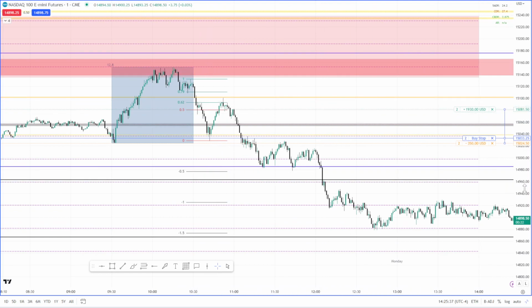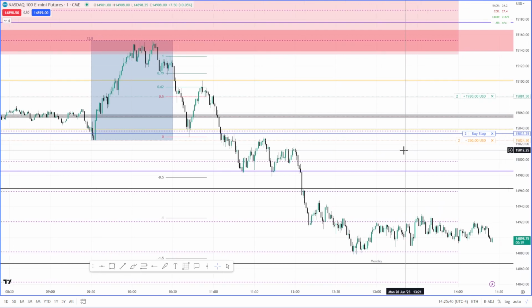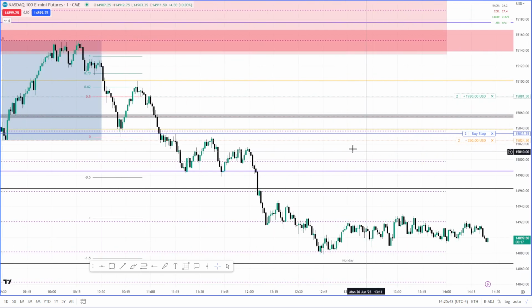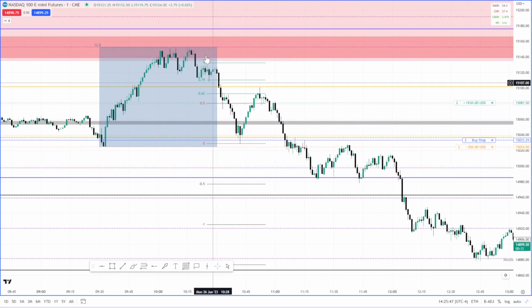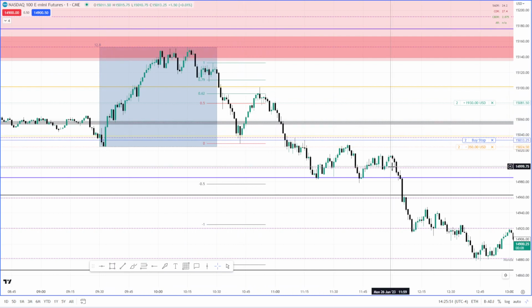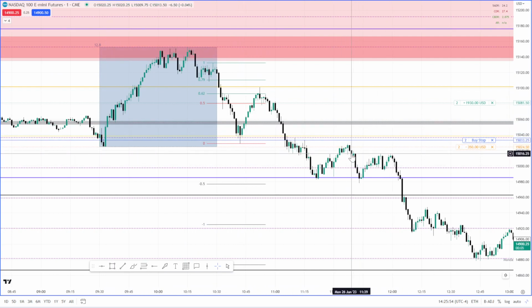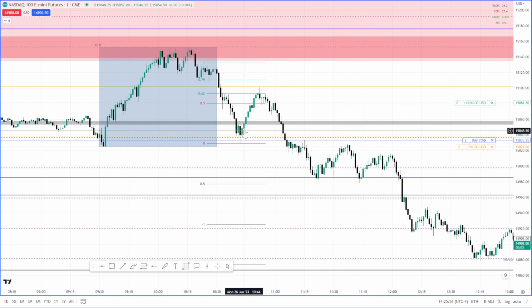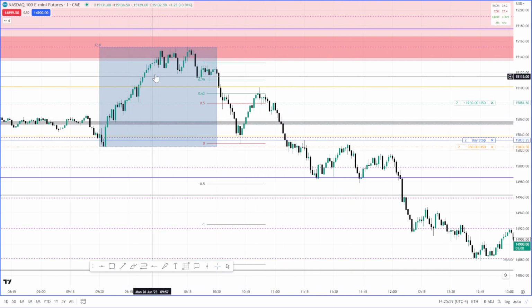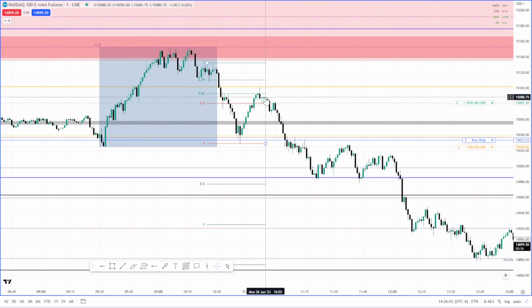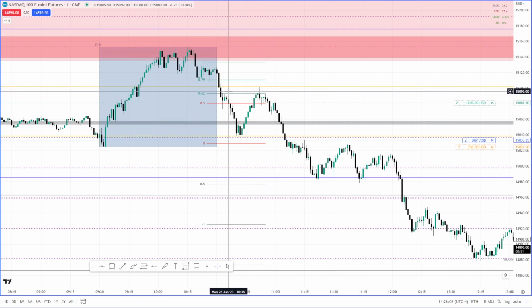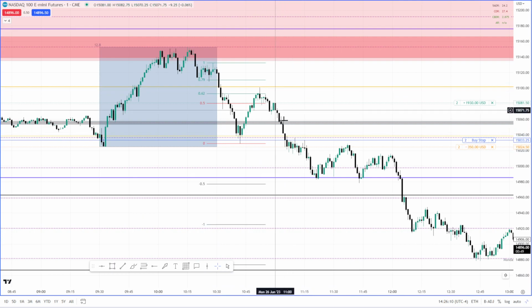So that's what I try to focus on, because I think you can run this over and over and over again, multiple times a day. I'm not there yet, but this allows me to get a decent play. If you miss this entry, this allows you to get a decent play during the day. And then here's your fair value gap OTE short.